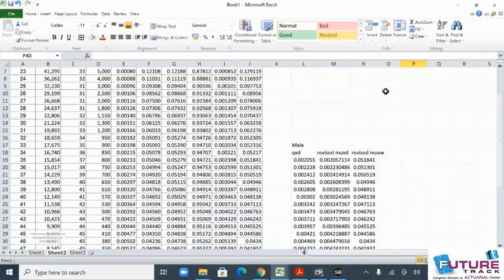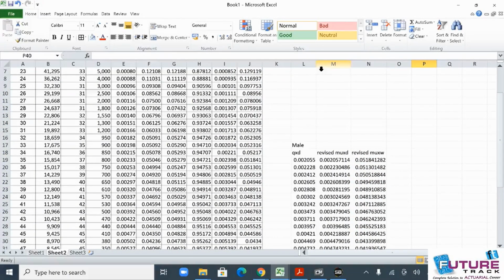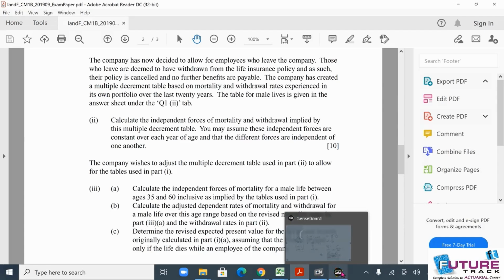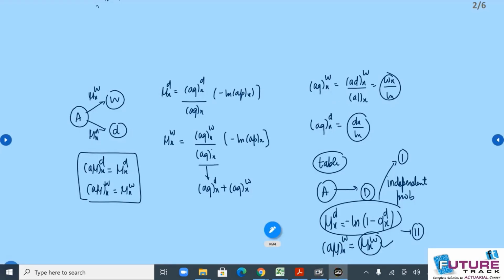Fine. So class, these are my independent force of mortalities, revised independent rate of force of mortalities. Now with the help of this, we have to find the adjusted independent rate of mortality withdrawal for a male life, right? So when we have given mu, how to find the AQ, class?